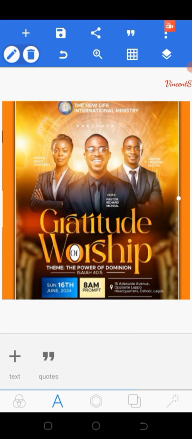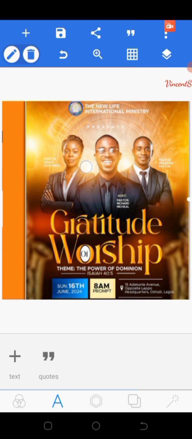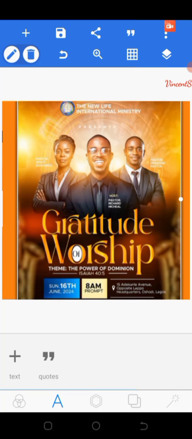All text, the main texts are on the bottom, and the main images or the main element objects are arranged on top. Okay, as you can see, they are arranged on top here. As you can see, the images of the persons, of the people there, they are on top of texts, okay, which are written as gratitude of worship, okay. So this is the fourth rule, okay.